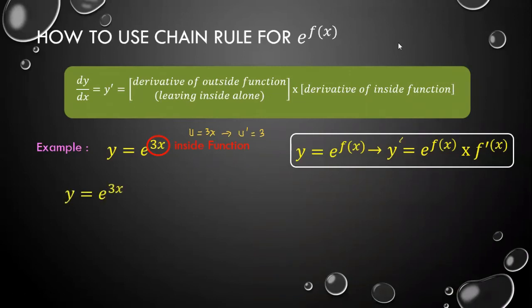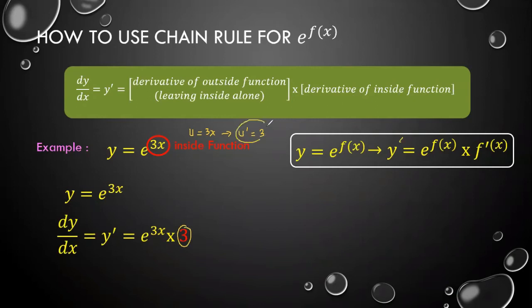y equals e to the 3x. So dy over dx or y prime equals e to the 3x times the derivative of the inside, which is 3. Once again, students, where does this 3 come from? This 3 comes from the derivative of the inside function.